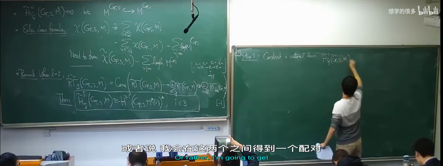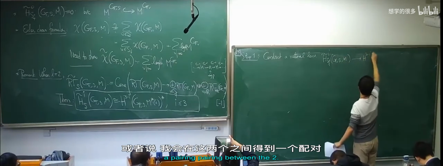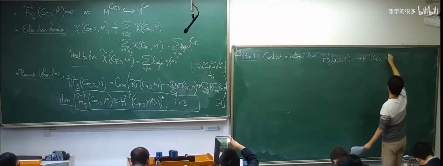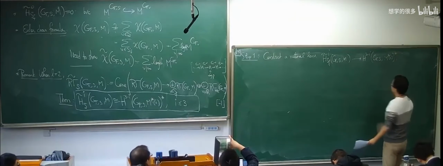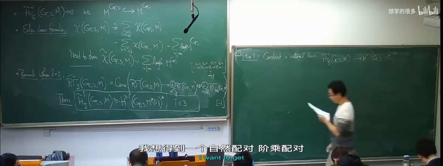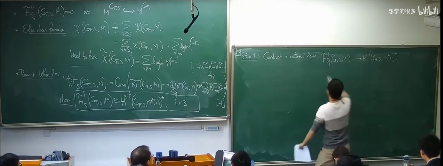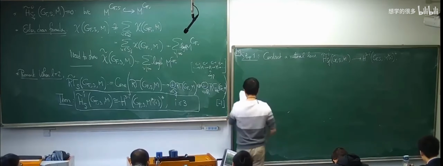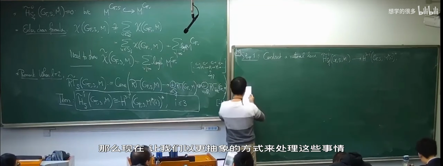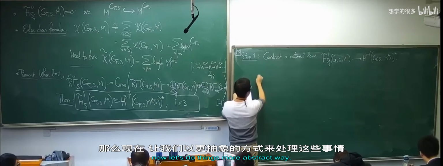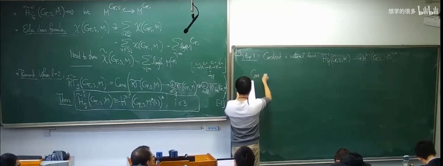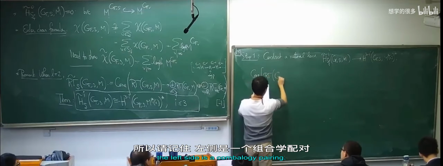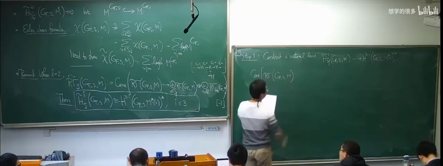Or rather, equivalently, I want to get a pairing between the two. I want to get a natural, functorial pairing. So what I want to do is consider the Galois cohomology pairing. So now let's do things more abstractly. So remember, the left-hand side is a cone of this.